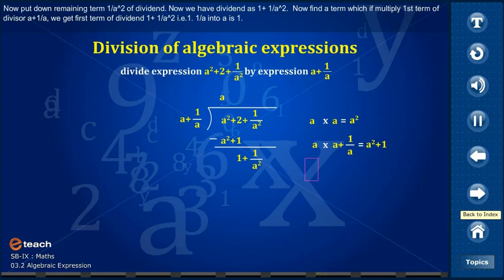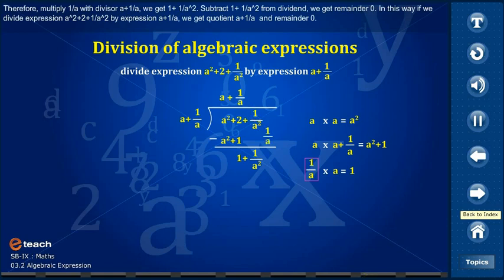Now find the term which if we multiply with the first term of the divisor a plus 1 by a, we get the first term of the dividend 1 plus 1 by a square, that is 1. 1 by a into a is 1. Therefore, multiply 1 by a with the divisor a plus 1 by a.